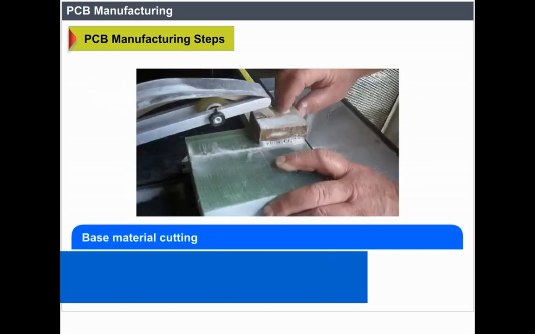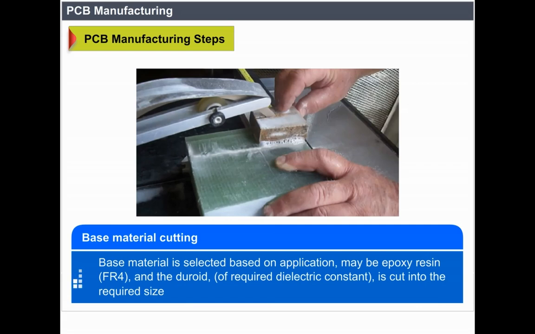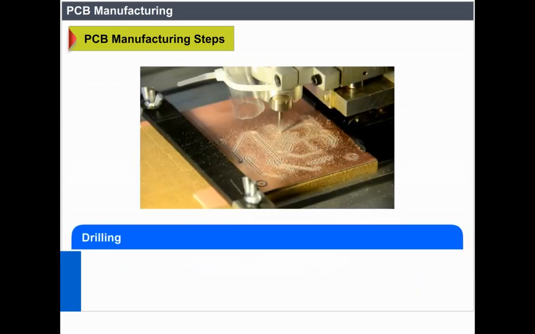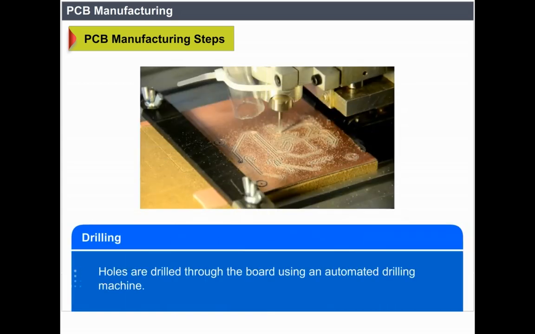Base material cutting. The base material, which is selected based on application, may be epoxy resin FR4 or Duroid of required dielectric constant, and is cut into the required size. Drilling. Holes are drilled through the board using an automated drilling machine.